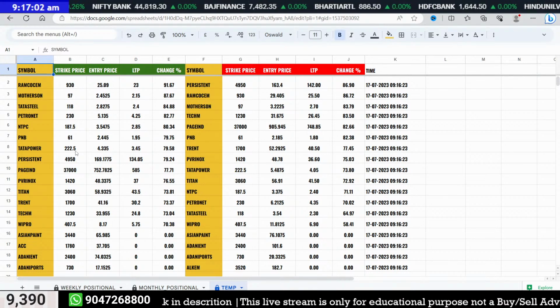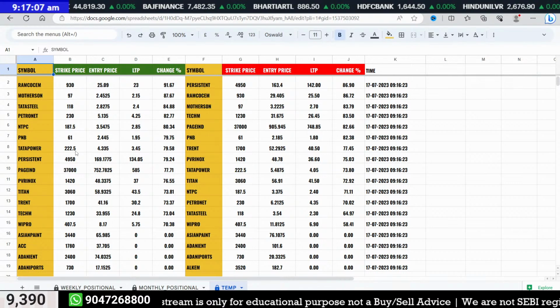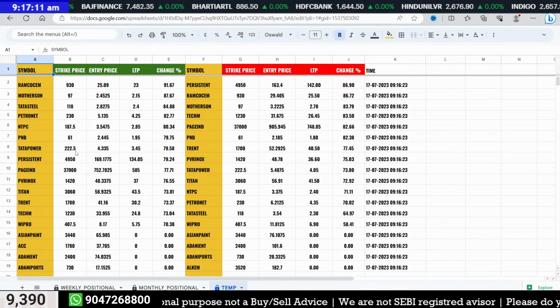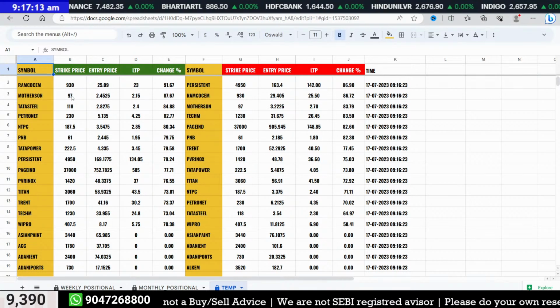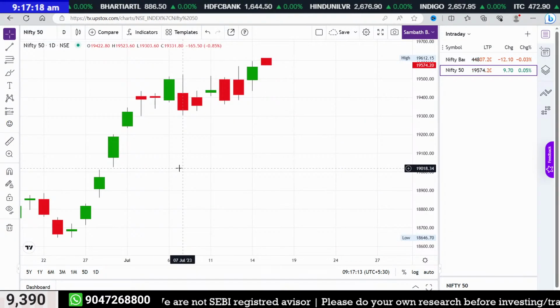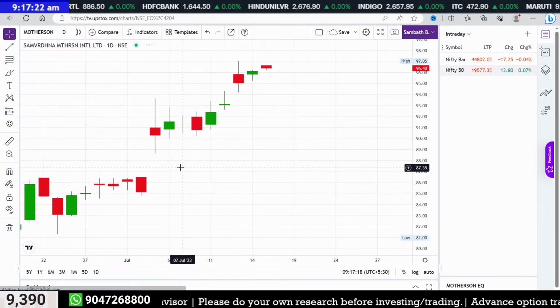Nifty futures are 17 points positive from the previous close, and Bank Nifty is trading just about 12 rupees positive from the previous close. Okay, Motherson Sumi is nearby, so let me check that. Nifty started positive and Bank Nifty turned negative.